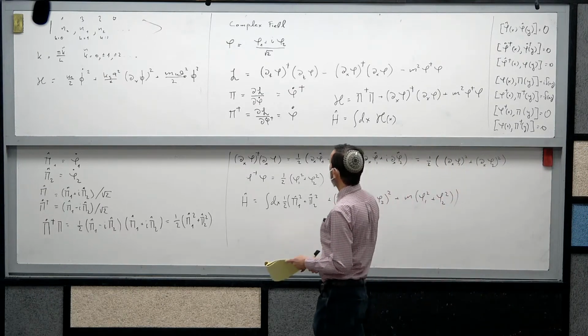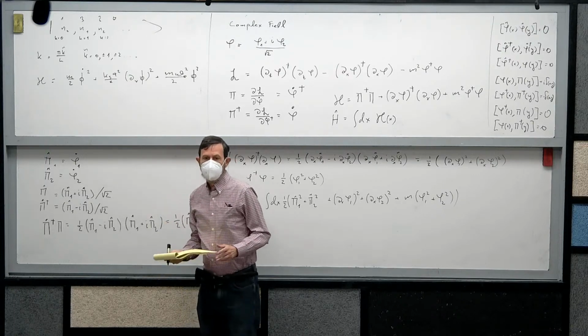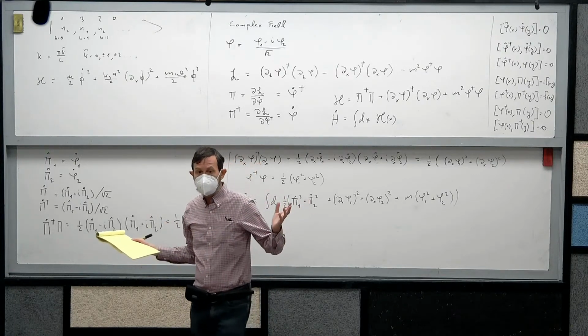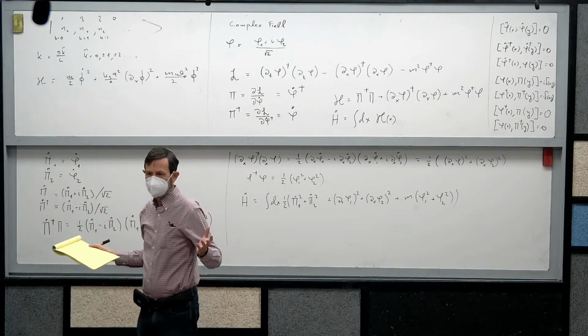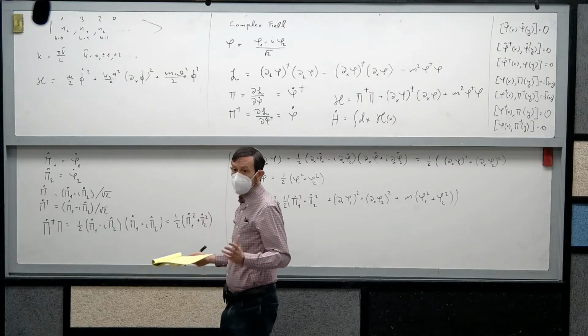Exactly our original Hamiltonian, but for two separate fields. How do I solve it?